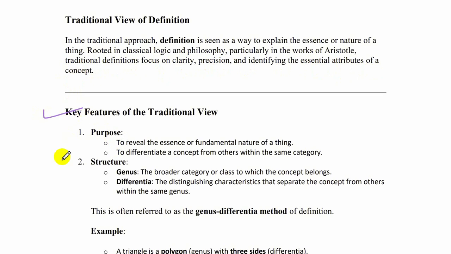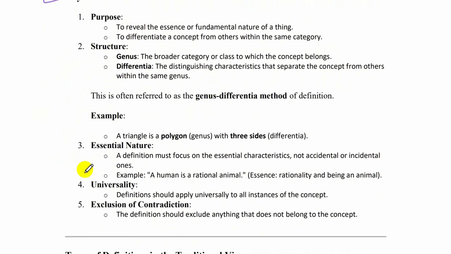What are the key features of the traditional view? Purpose: to reveal the essence or fundamental nature of a thing, to differentiate a concept from others within the same category. Structure: genus and differentia.